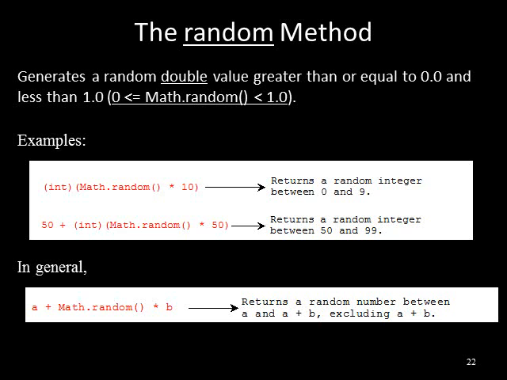The second example generates an integer between 50 and 99. Let's take it apart. The int of rand times 50 will generate an integer between 0 and 49. Then by simply adding 50 gives us between 50 and 99.